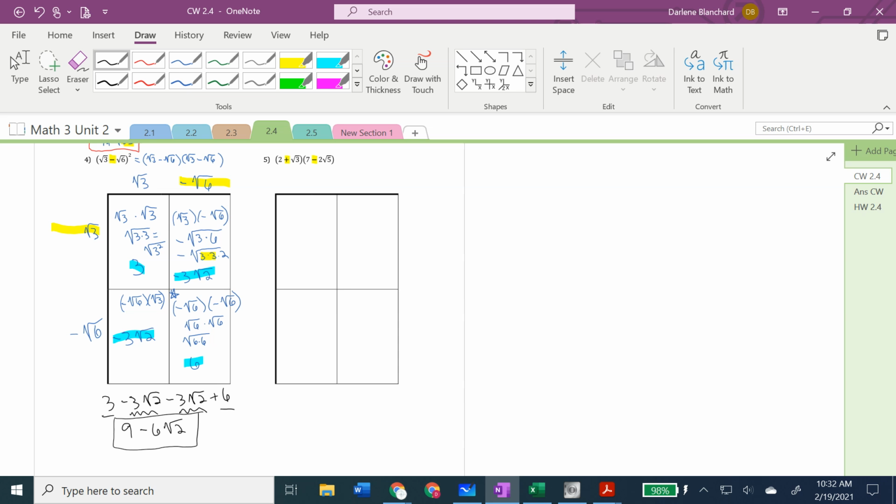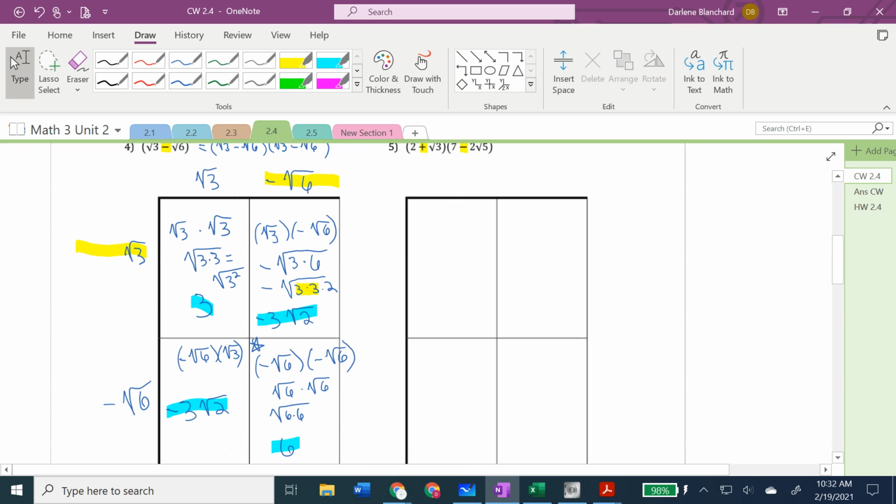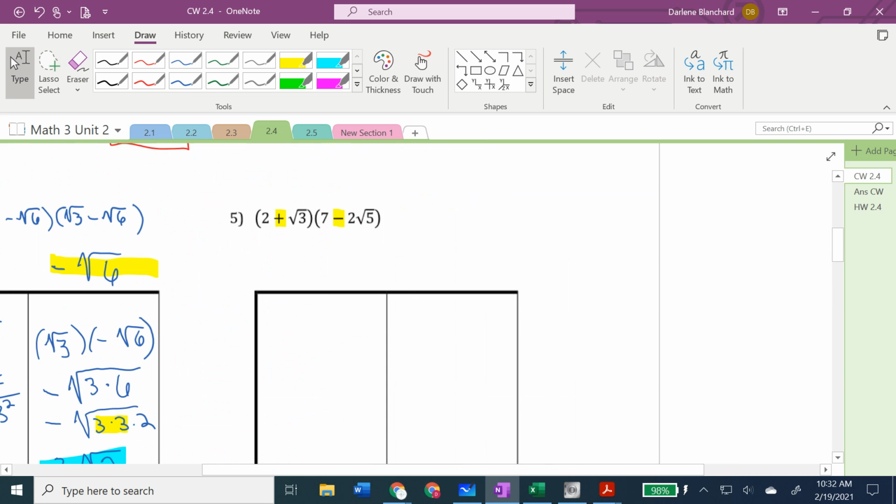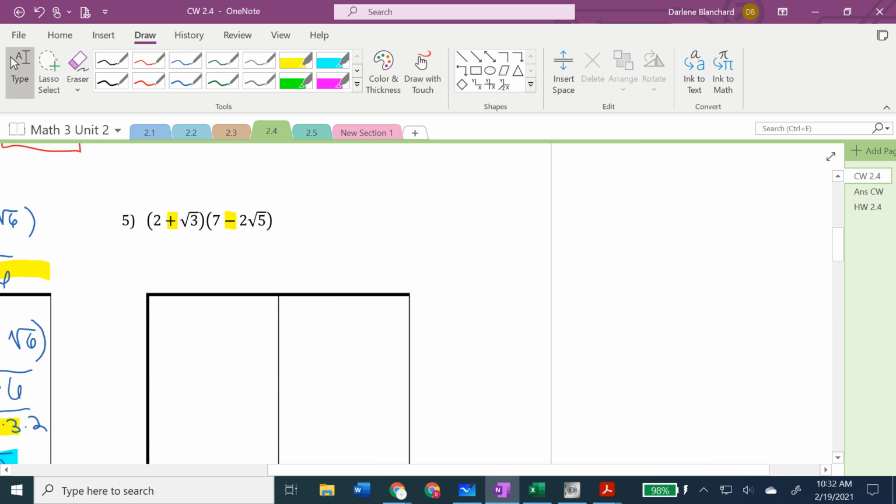And for those of you who are very, very algebra minded, let me show you this aspect. Anytime you have multiplication over a parentheses, you're actually distributing one of them over the other.